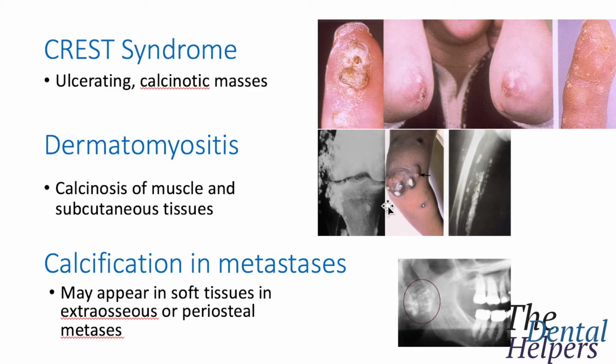Here we have calcium deposits that are basically stones in the muscle, hanging out there. They look really nasty. And then you have calcifications and metastasis, and they can appear as soft tissue and extraosseous or periosseous metastases. We see it right here as an example.